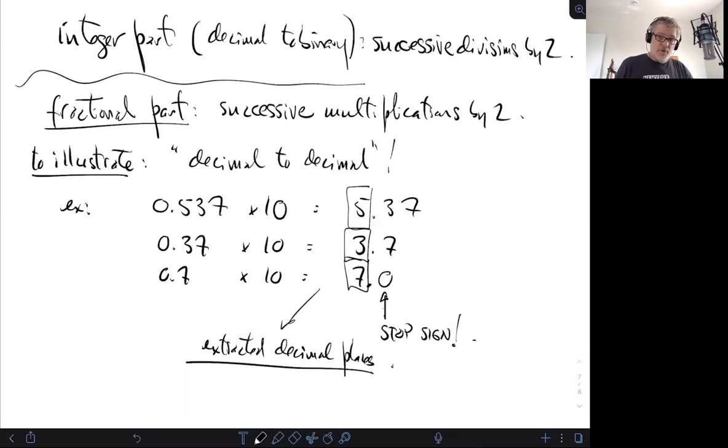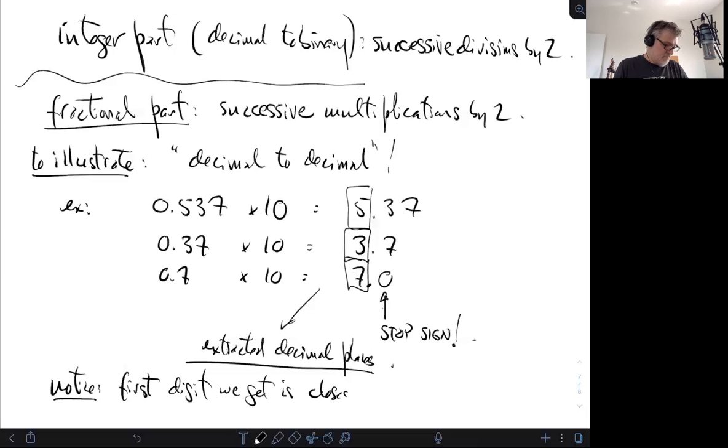Now, the order makes sense, right? The first one you get will be the closest to the decimal point. So notice the first digit we get is closest to the decimal point.